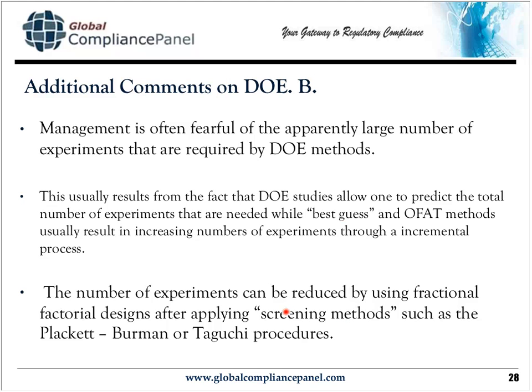The two most popular screening methods around are Plackett-Burman studies or Taguchi studies. As far as I'm concerned, these two procedures are more or less equivalent. Which one you use depends upon your previous training and personal inclination. So if a statistician wants to use one or the other, that's fine, as long as they use one of these.